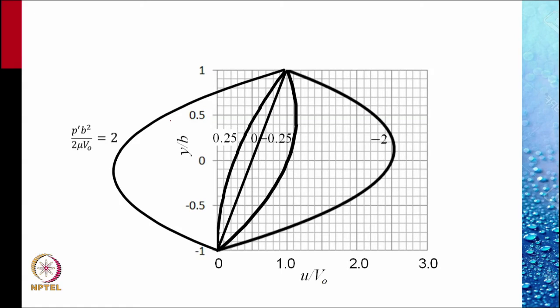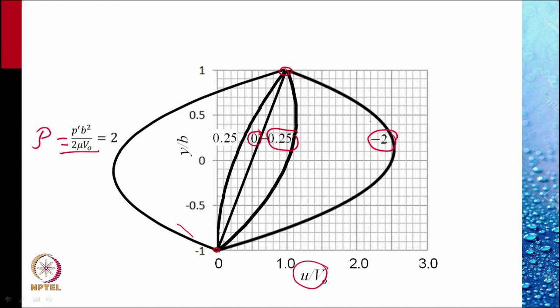The straight line curve in the middle is for script P is equal to 0. Linear. The velocity u by v naught varying from 0 to 1. For the value of this parameter script P negative, that means pressure decreasing in the downward direction, for the value minus 0.25 we get this profile, and for minus 2 we get this profile.